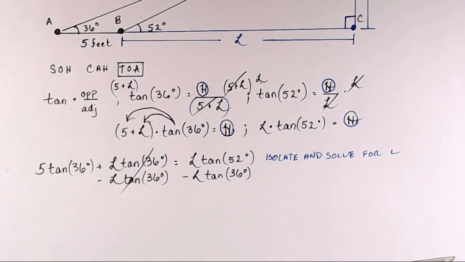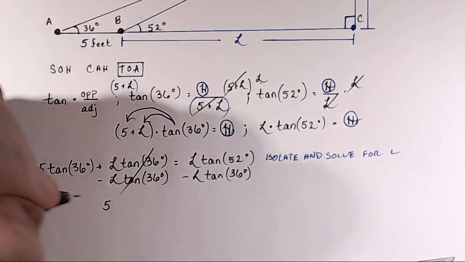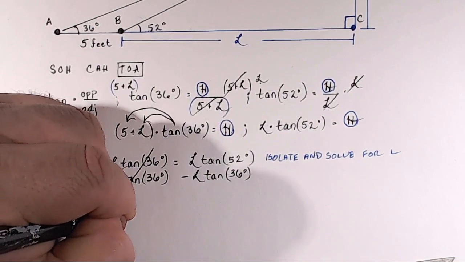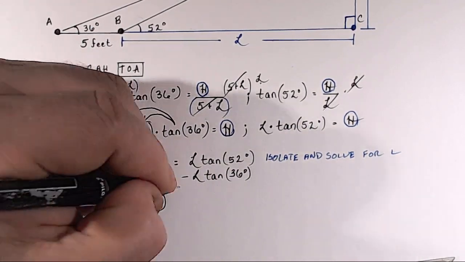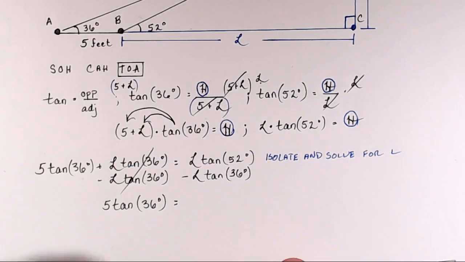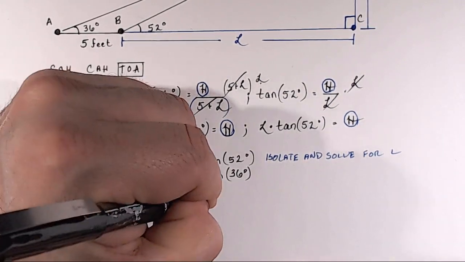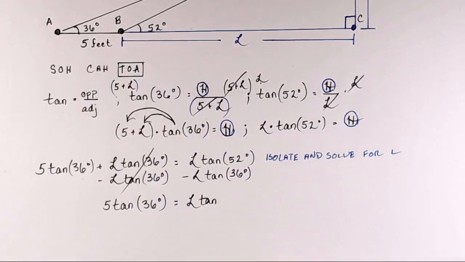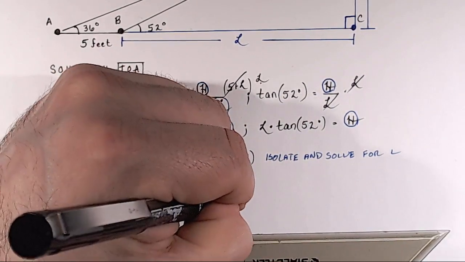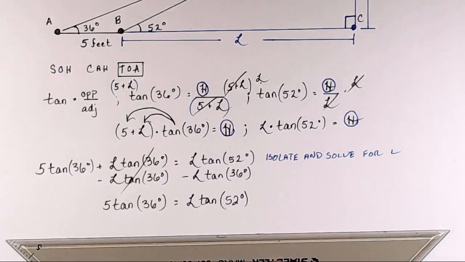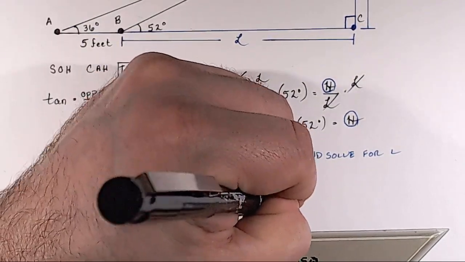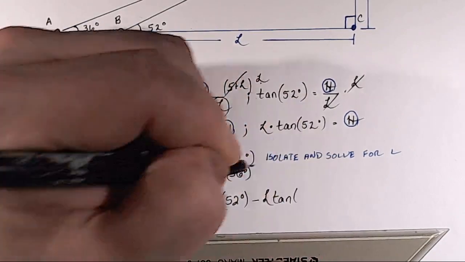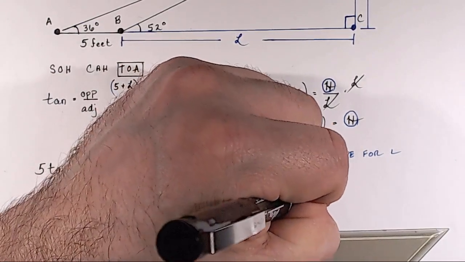Okay, on the left, those cancel, and I have 5 tan of 36 degrees set equal to L tan of 52 degrees minus L tan of 36 degrees.